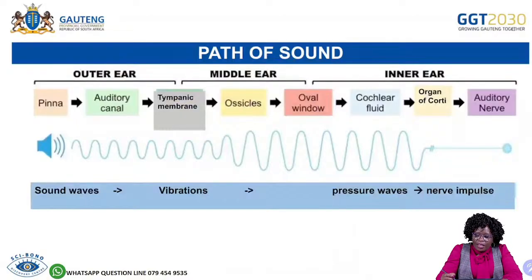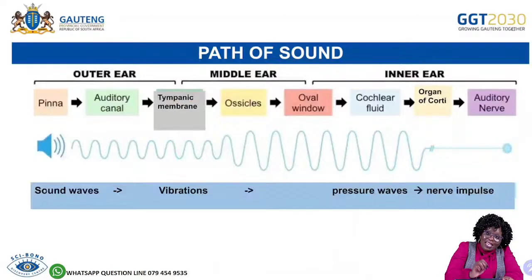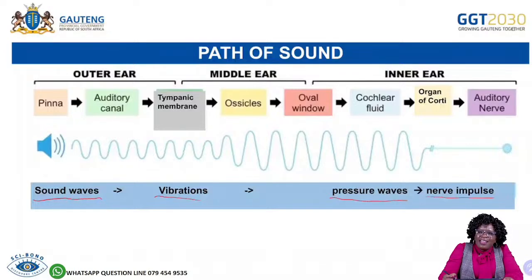Look at this. This is also some form of a flow diagram that is showing you the path that is used by the sound so that a person is able to hear. You can check it out. So you see now, as I indicated earlier on, we're speaking about sound waves, we're speaking about vibrations, we're speaking about pressure waves, then we're talking about the nerve impulse.